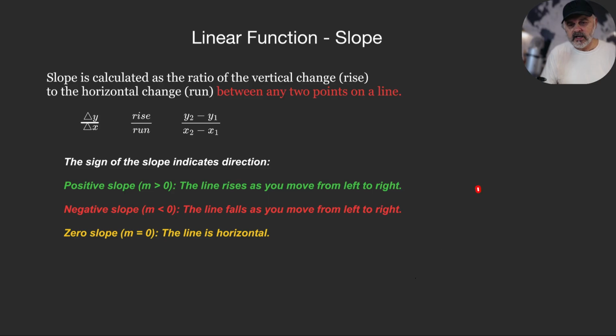There's a vertical line where the slope is undefined because we cannot calculate it. The difference in y values does exist, but there is no difference in run, so you cannot divide by zero. So this is the case where the slope is undefined, as opposed to the zero slope where the slope does exist, but the value is zero.